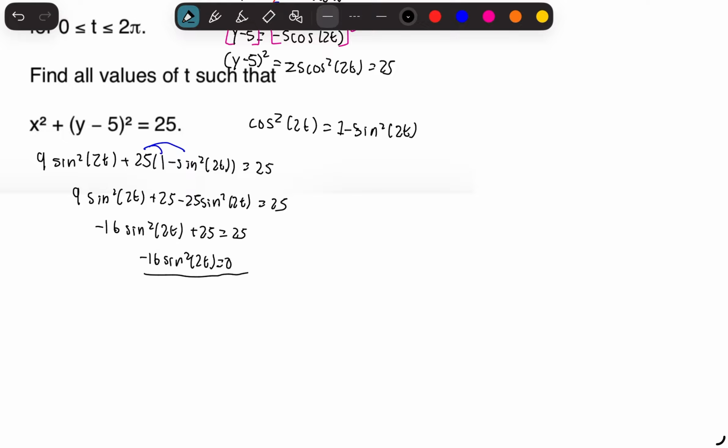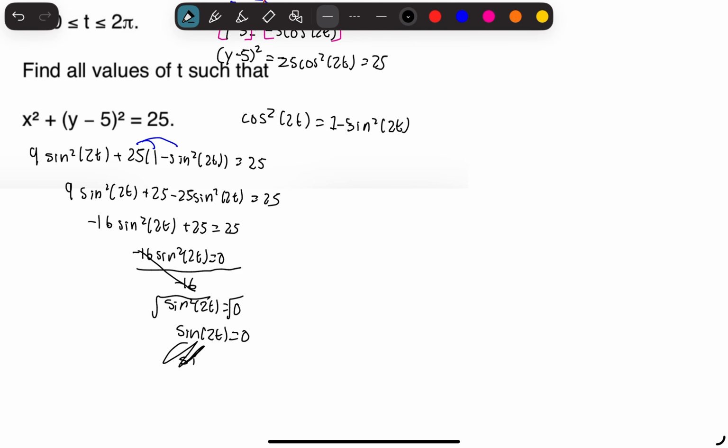You can divide both sides by negative 16. Sine squared 2t is equal to 0. Take the root of both sides, and sine 2t is equal to 0.